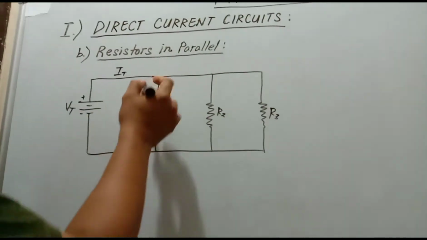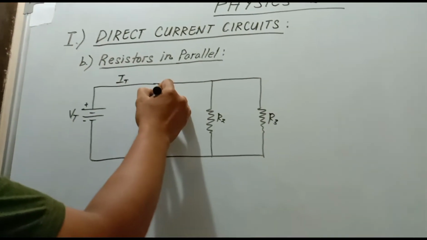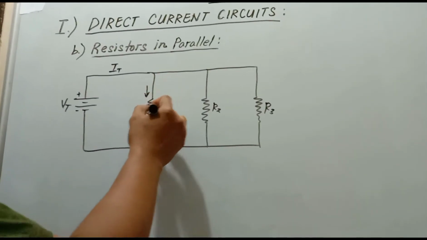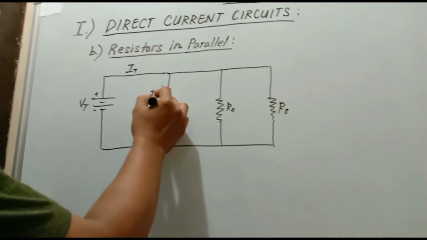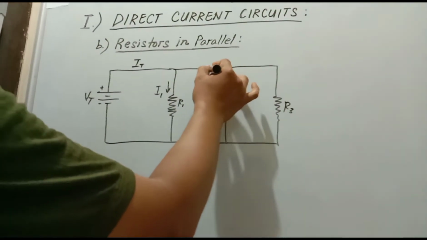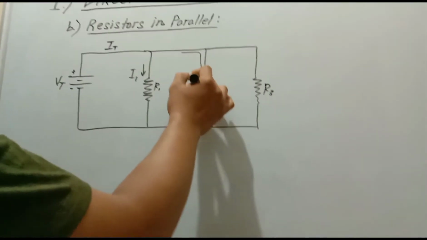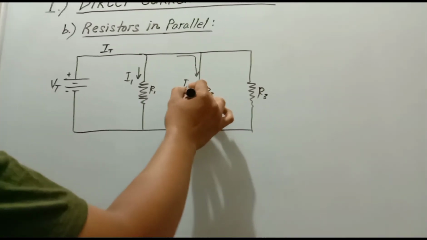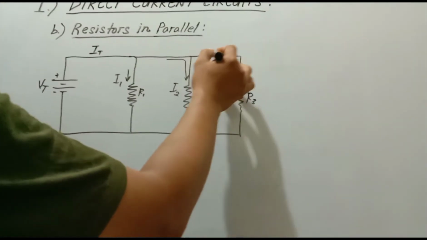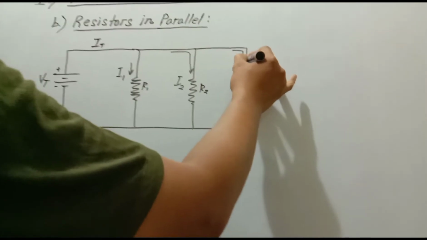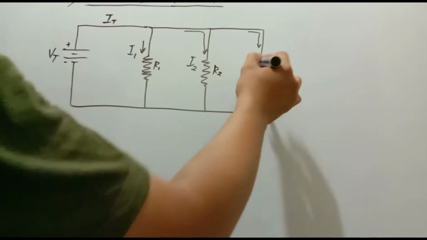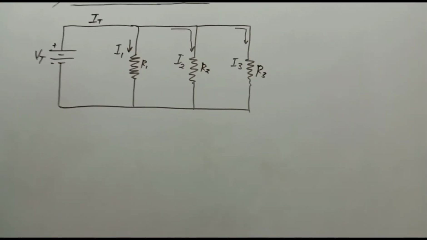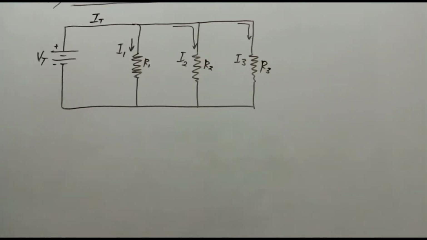So the current passing through this resistor will be I1. The other one will pass here, the second current, I2. And this one will be the current passing through the third resistor, I3, going back to the source.